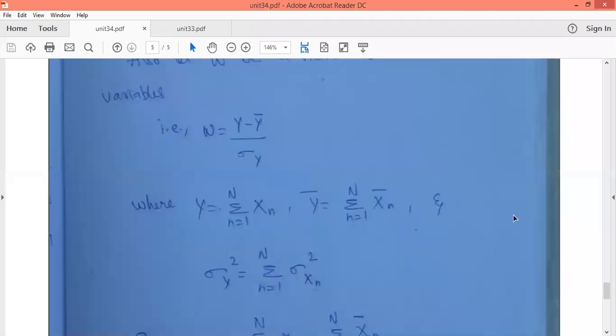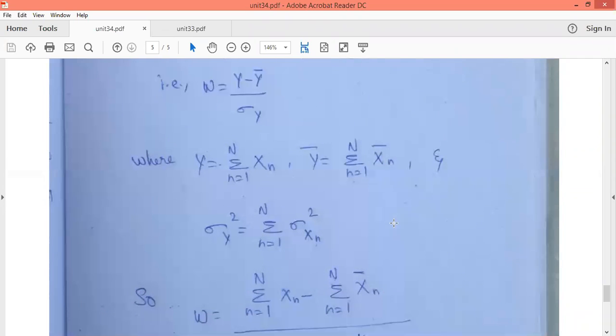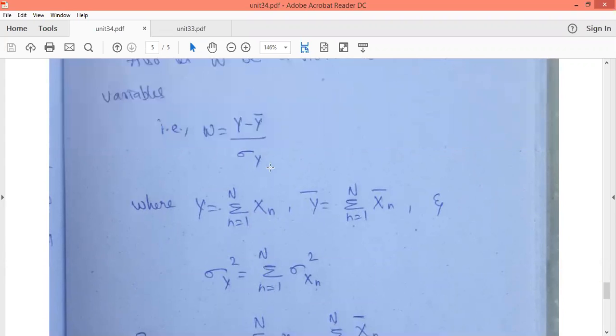Now what is y bar? Y bar will be summation n is equal to 1 to n xn bar. And what is sigma y? It is the sum of the variances of the individual random variables: summation n is equal to 1 to n sigma xn square. Now we substitute the same thing here. So w is y minus y bar by sigma y.